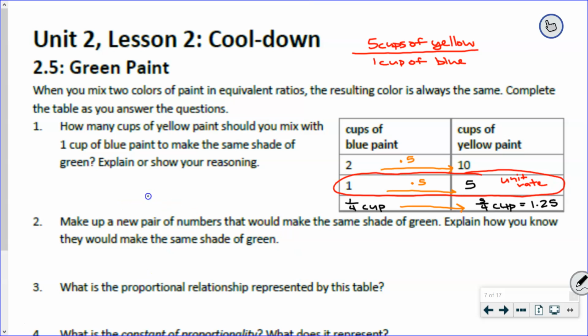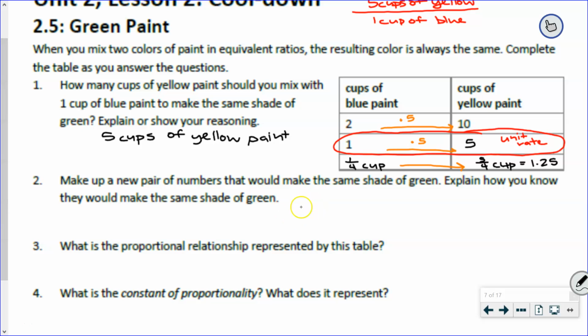Okay, that takes care of 1 and 2. It says how many cups of yellow paint should we mix? We answer that here, but let's put it here in our space as well. 5 cups of yellow paint. And for this one, I'm just going to point to the table up above. What is the proportional relationship represented by this table?